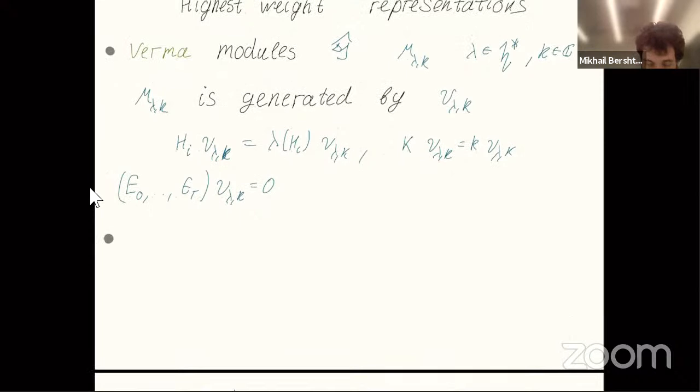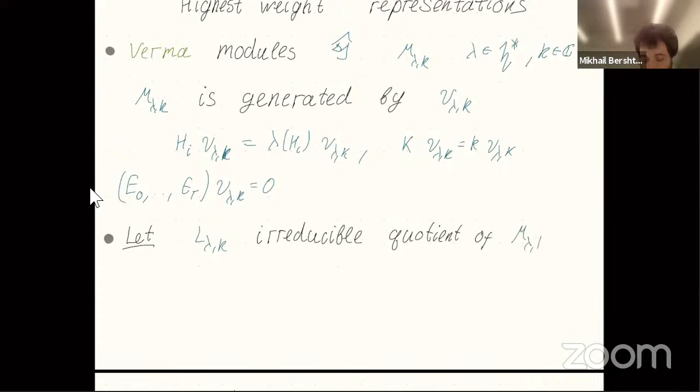Okay, now let L lambda K be the irreducible quotient of M lambda K. As usual, such a quotient exists and is unique.